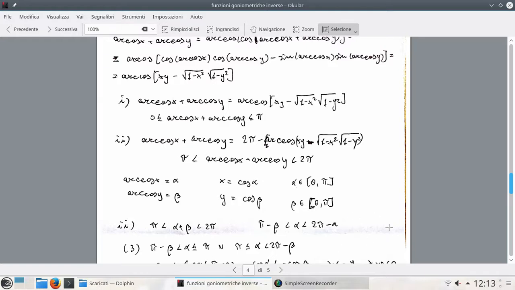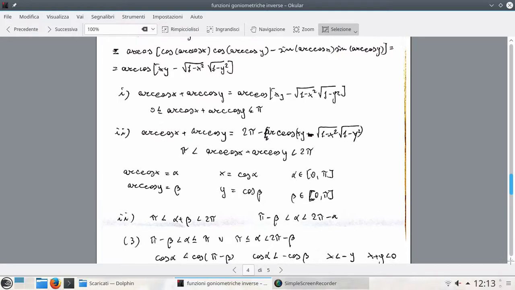So we have pi minus beta less than alpha less than 2 pi minus beta. Okay, I can split this inequation in two parts.